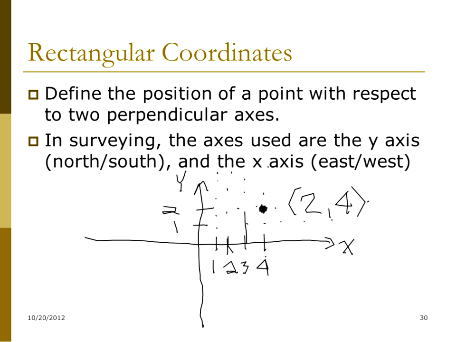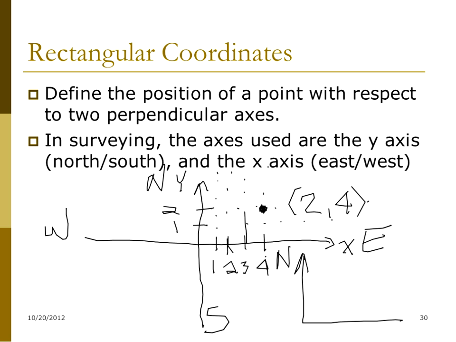Okay, in surveying, we don't use y and x. We use north, south, east, and west. So this becomes north, this becomes south, this becomes east, this becomes west. And then to confuse you just a little bit more, what we actually use is only one quadrant, which is northeast. So you'll find that everything will be given in terms of coordinate points as a northeast coordinate.